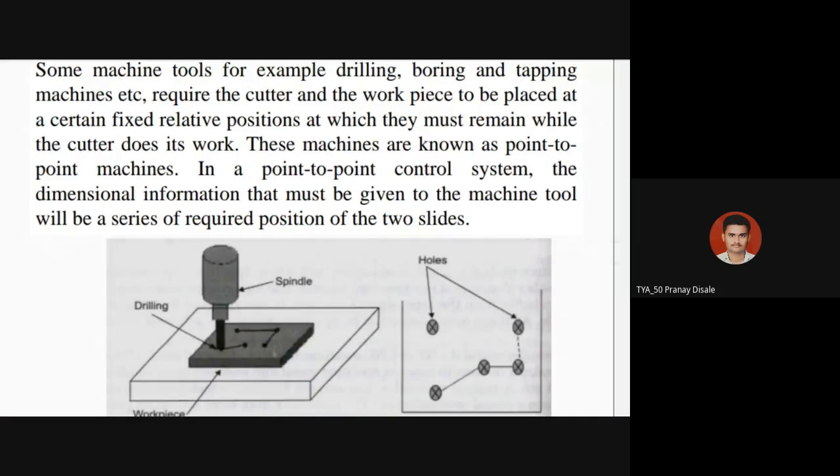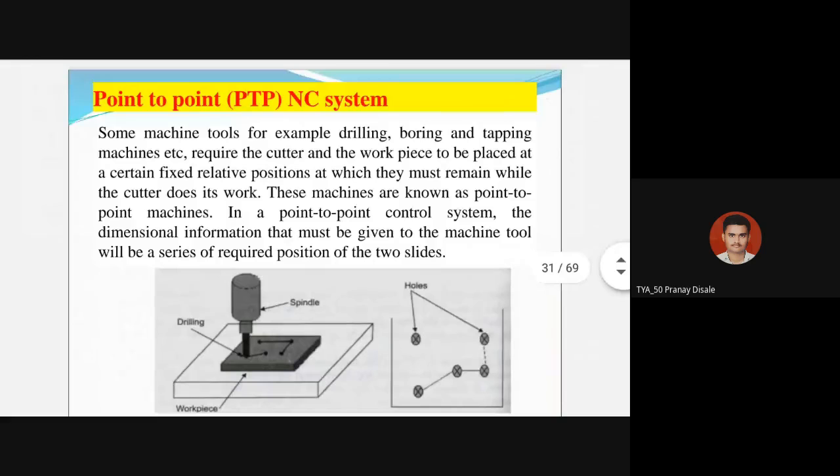In a point to point control system, the dimensional information that must be given to the machine is a series of required positions. Suppose you require the first drill at x y point number A, which is x direction 5, y 10. According to our input, the machine will follow our instruction for the manufacturing.